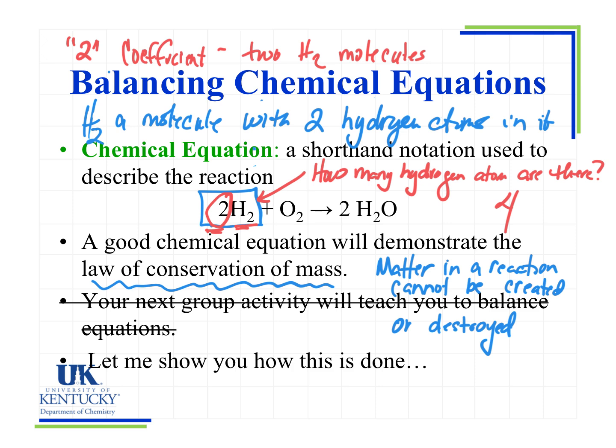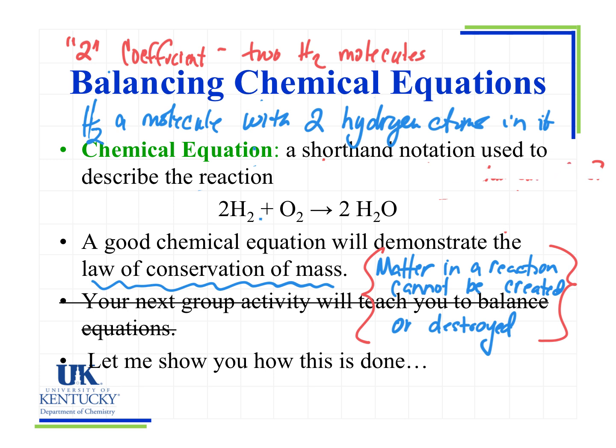Now, if we are going to demonstrate that matter in a reaction cannot be created or destroyed, which is what we're seeing stated right here, we must determine that on the product side there are also 4 hydrogen atoms. So let's erase this and get some space here for me to examine the product side and think about the hydrogen atoms.